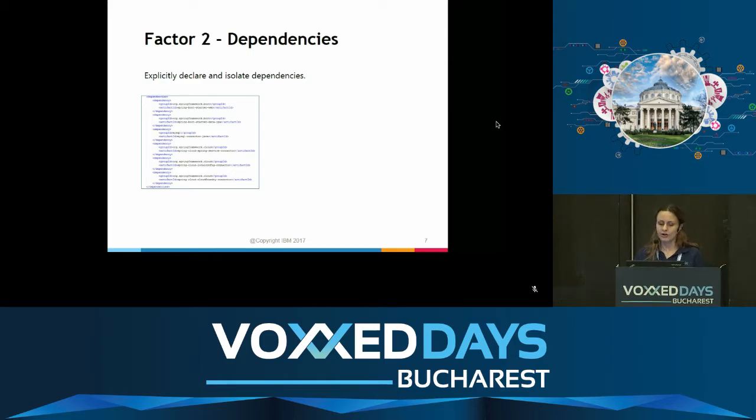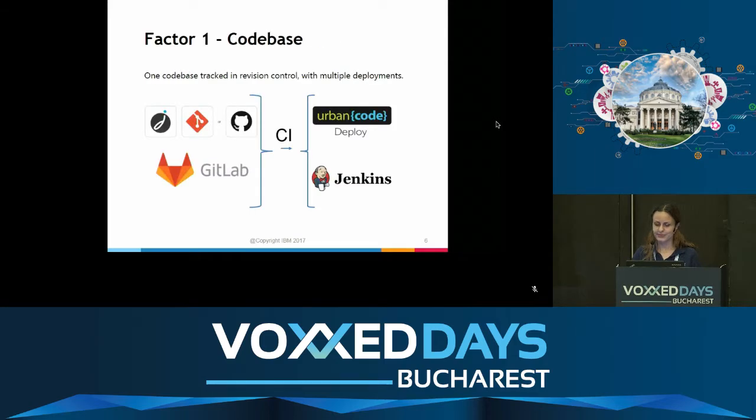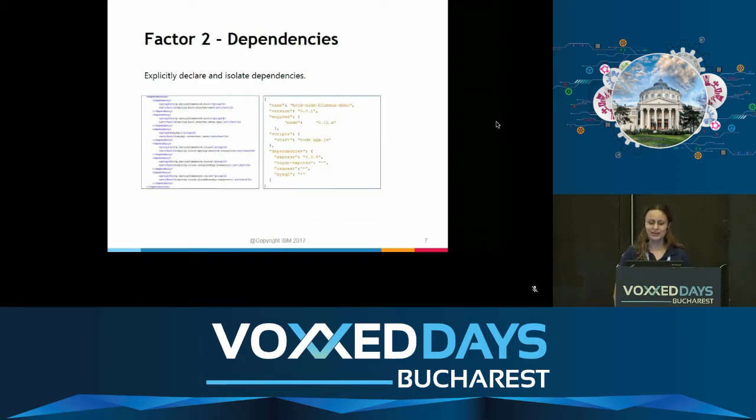Or in the case of a JSON application, you have the dependencies declared in the package.json. So as you can see here, everything is very structured. You can easily spot in your code where your dependencies got declared, so there is no possibility of leaking in any of those dependencies while building your application.